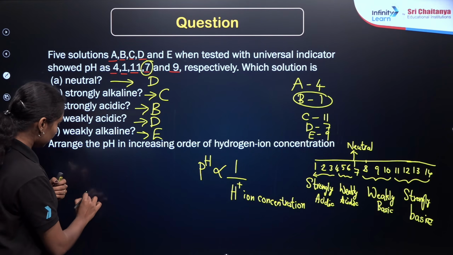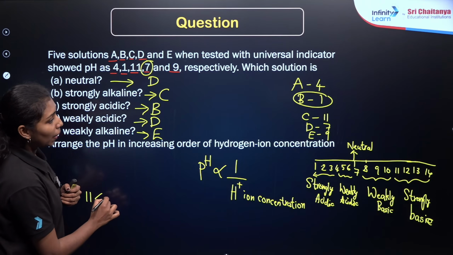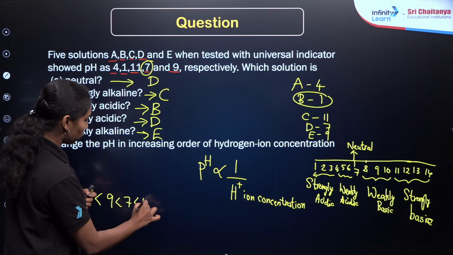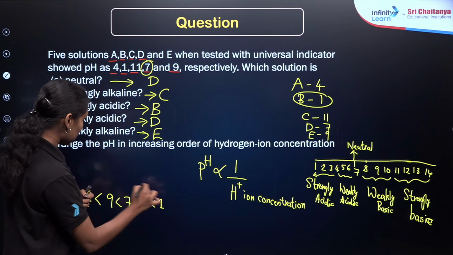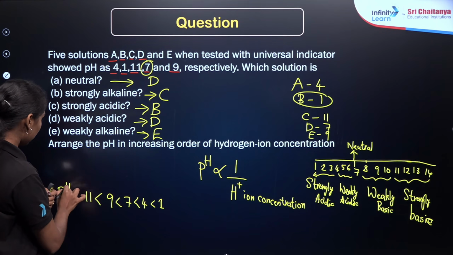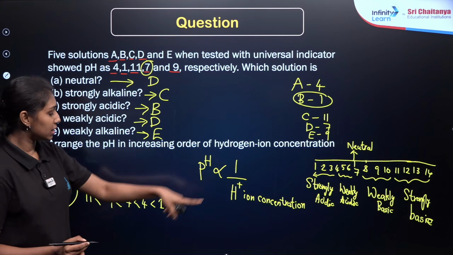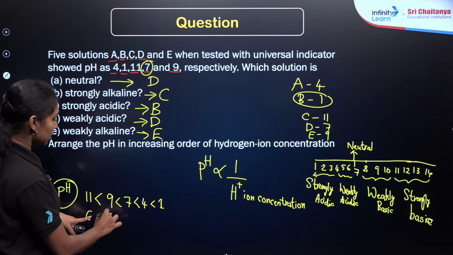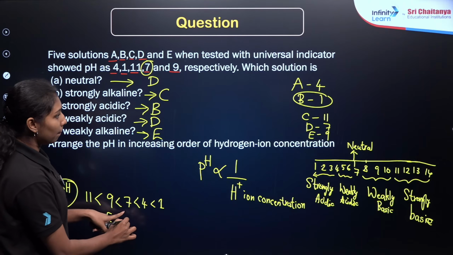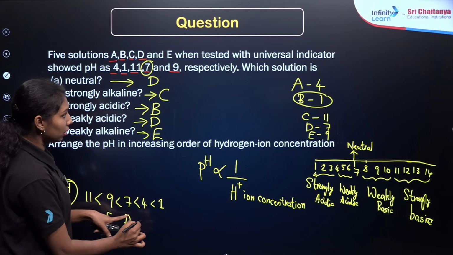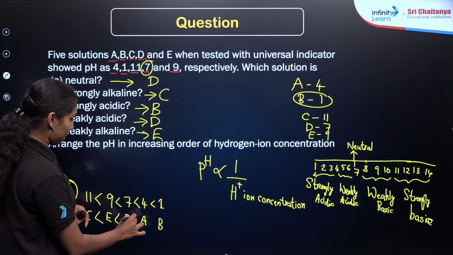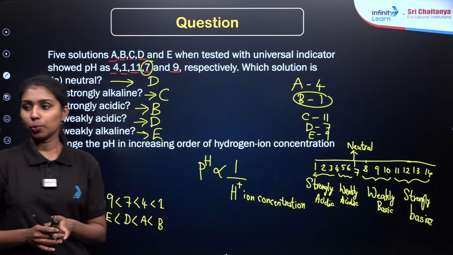So pH will be 11, then 9, 7, 4, 1, right? So this will be the increasing order of hydrogen ion concentration. So the solutions will be C, then E, then D, right? A and B. I hope you understand the question.